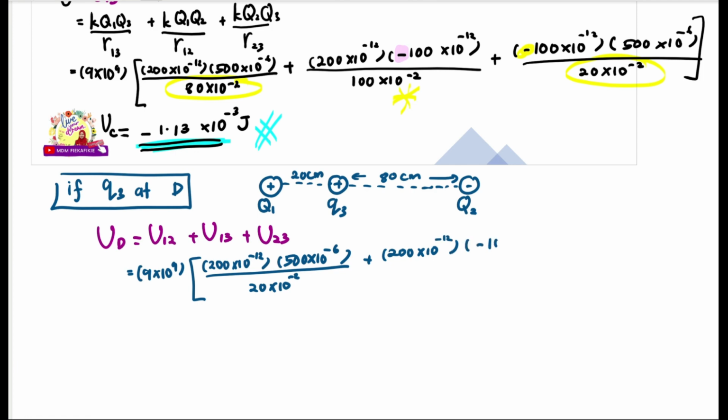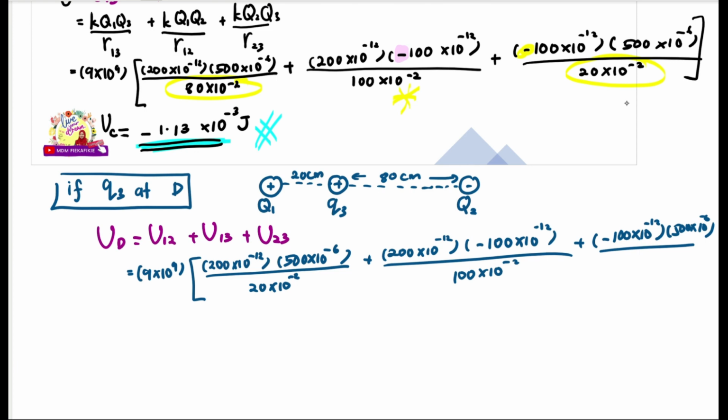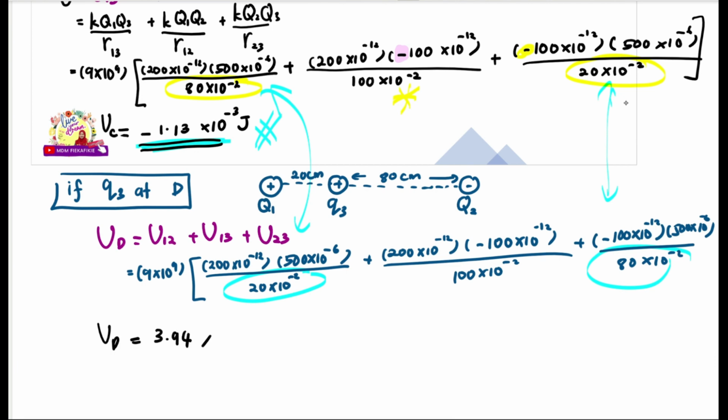Charge, don't forget the negative. Last is between 2 and 3: 500 micro over 80. See the difference, the distances differ between point C and point D. Press the calculator carefully and you get 3.94 exponent negative 3 joule. Don't get the unit wrong.